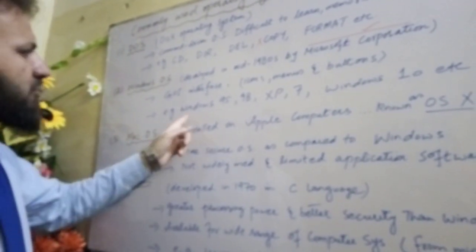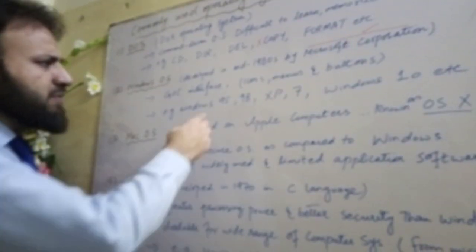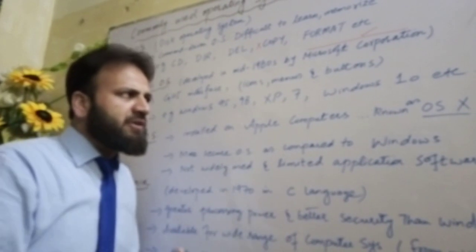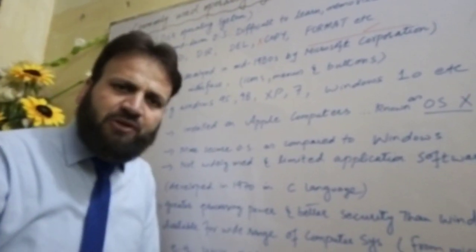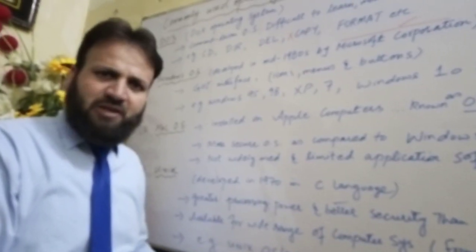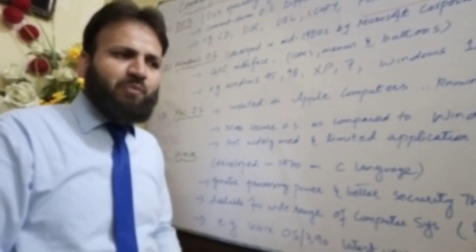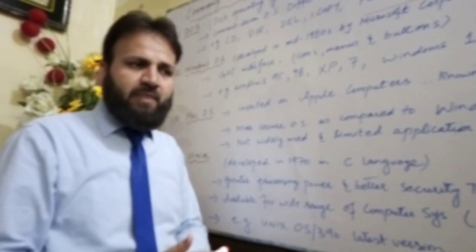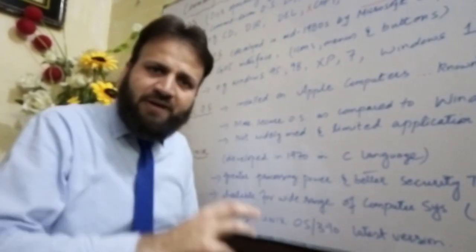Examples of the Windows operating system are Windows 95, 98, Windows XP, 7, and nowadays Windows 10 is used. Windows 10 has many great advantages. It has built-in antivirus software.